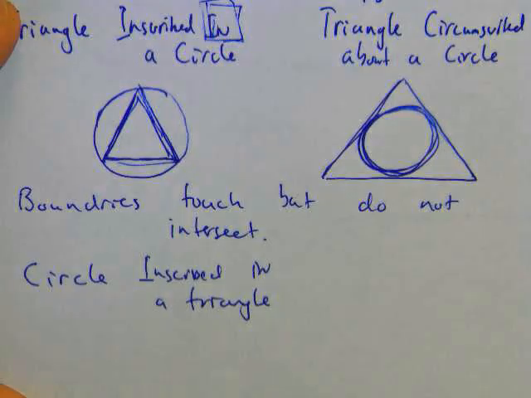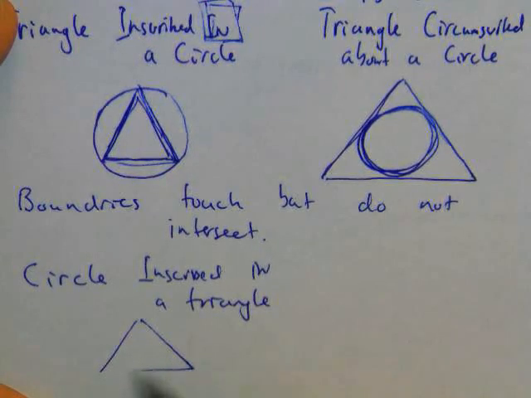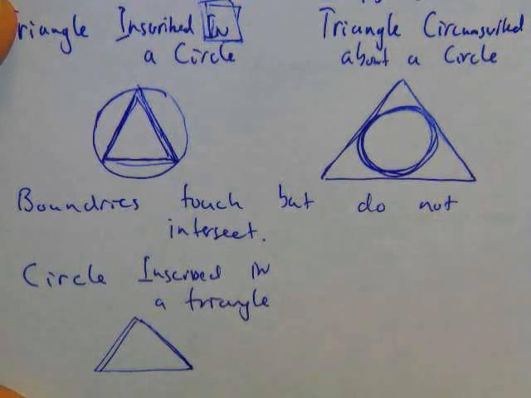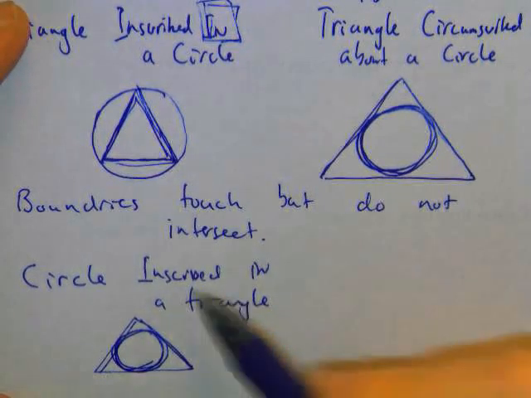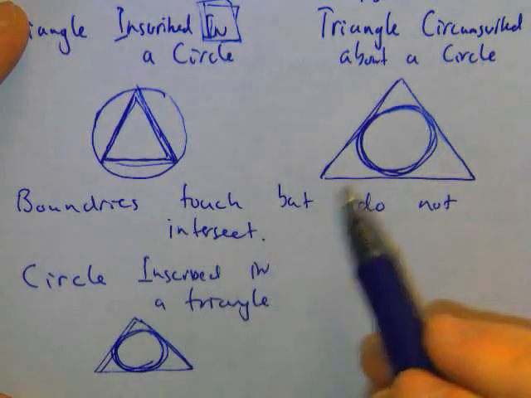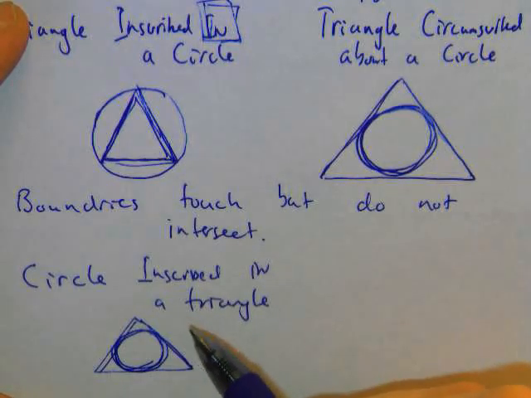Okay, so the circle would be inside the triangle. So here's the triangle. Here is the circle. The boundaries touch but do not intersect. But if you notice, these two are the same. So there's two ways to talk about the same thing.